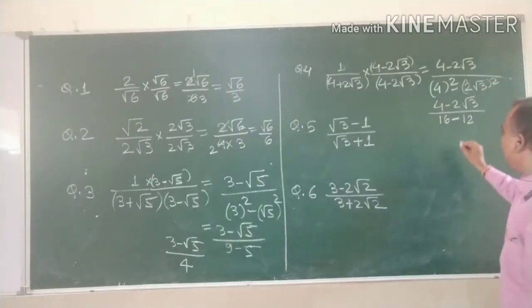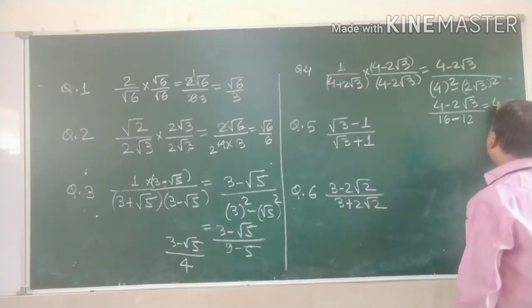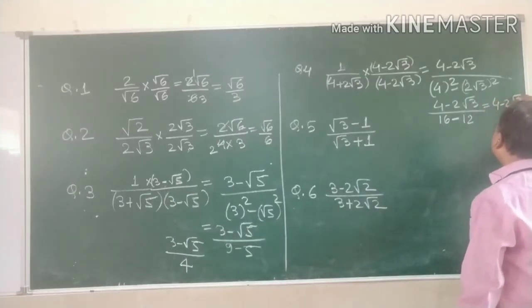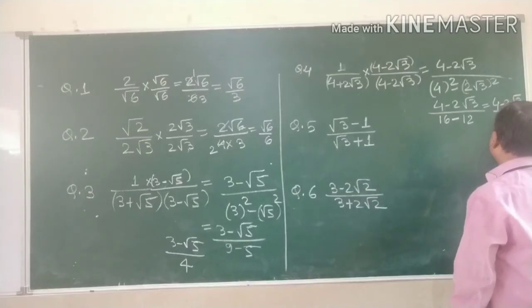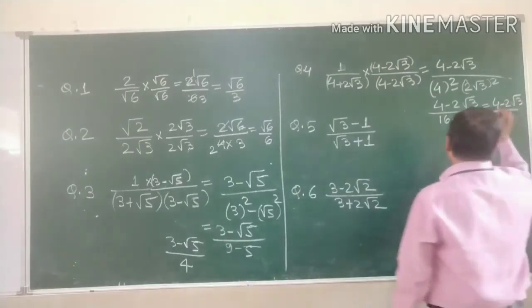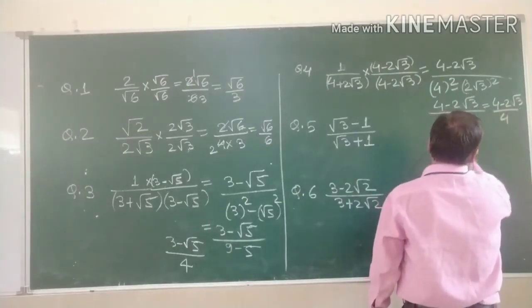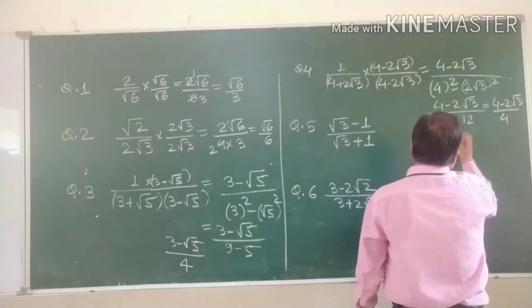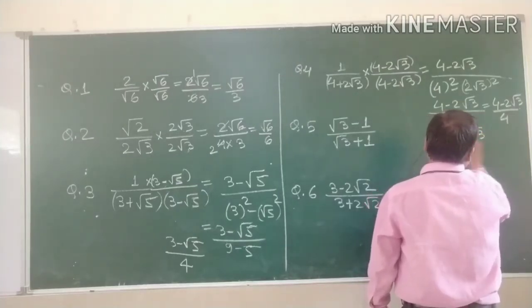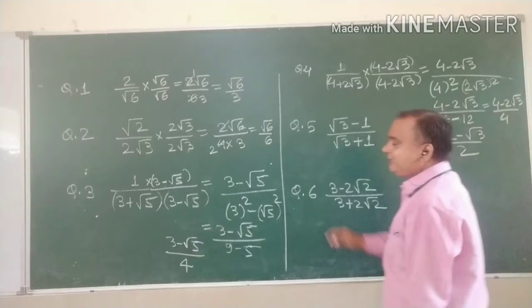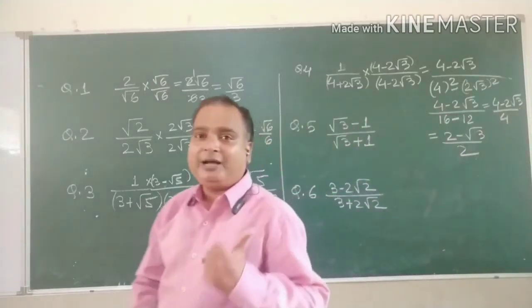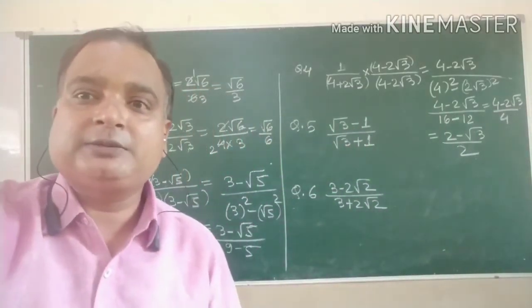So 4 into 3, 12. So we can write 4 minus 2 root 3 upon 4. Or if I take 2 as common from numerator and denominator, then I will write 2 minus root 3 upon 2. Like this we can solve question number 5 and question number 6.